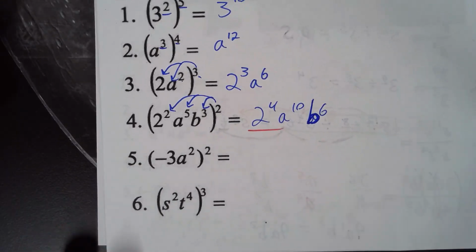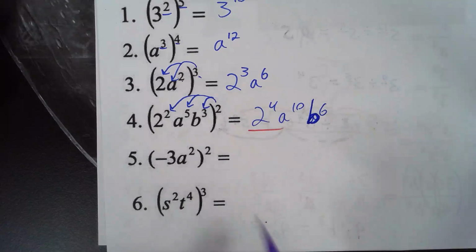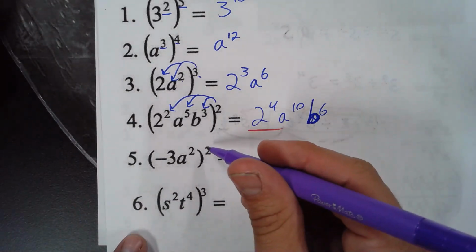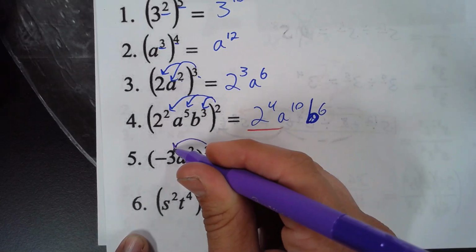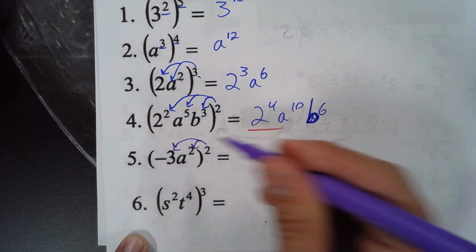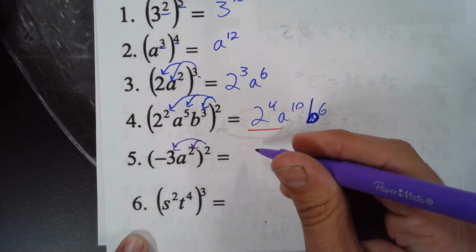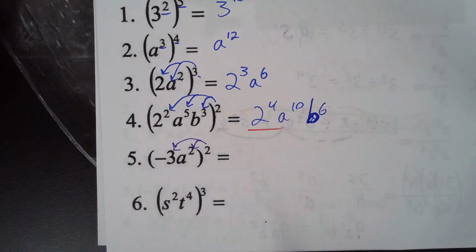Okay, well, let's look. What did you get for number 5? Remember, let's just apply the exponents. We'll do the multiplication in a second. So we have the negative 3 raised to the second power, and a to the second raised to the second power.